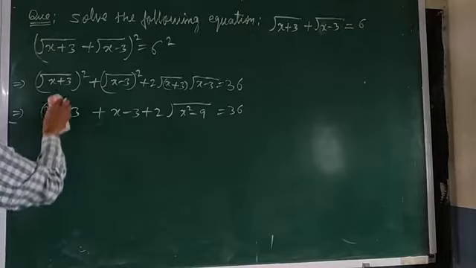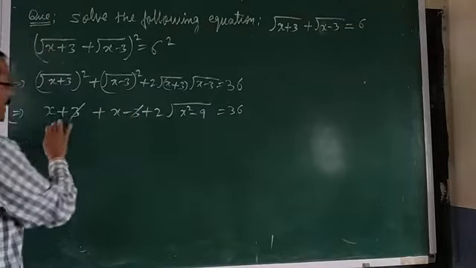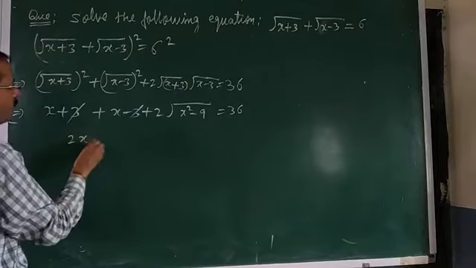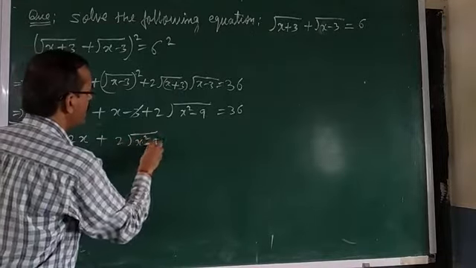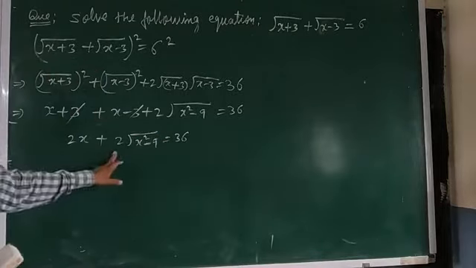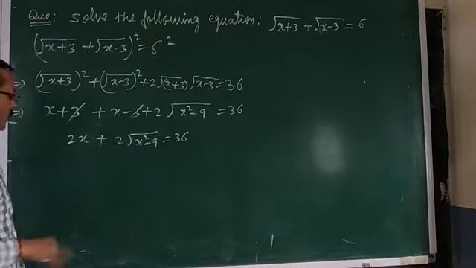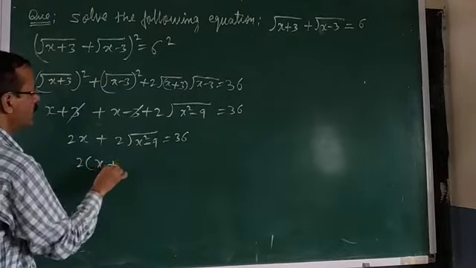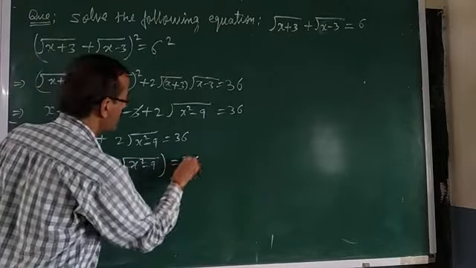No need to write the bracket here. 3 will be cancelled. X plus x, how much? 2x. Plus 2 under root x square minus 9 is equal to 36. Take 2 common, divide 36, it will be 18. So 2x plus under root x square minus 9 is equal to 36.